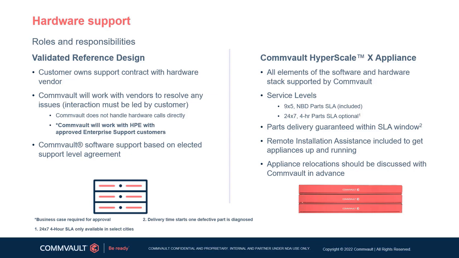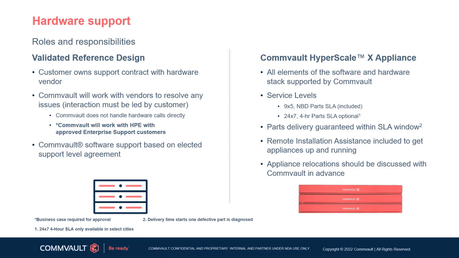At the time of writing this training, a remote installation assistance service is included by Commvault support to help customers get their appliances up and running. The RIA ends once the CommServe and/or the storage pool is configured. Any configuration beyond that point must be done by either the customer or a paid professional services engagement.